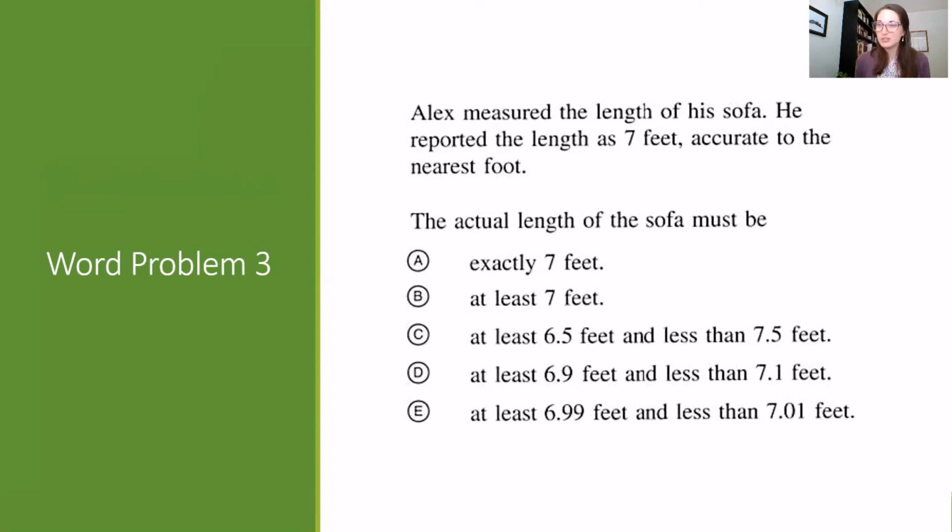So which fits that description the best? It would be C, at least 6.5 feet. So that's the measure just beneath the 7 feet where we'd round it up, but less than 7.5 feet. So it can't be 7.5 feet because then we would round up to 8. But if it were less than 7.5 feet, we'd round it to 7. So C is our best answer here.